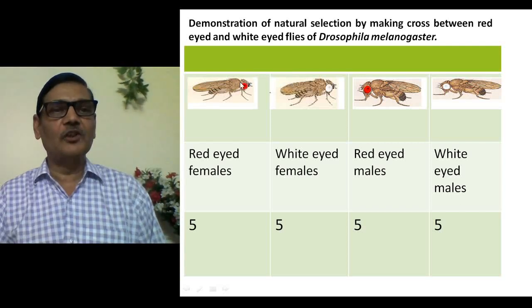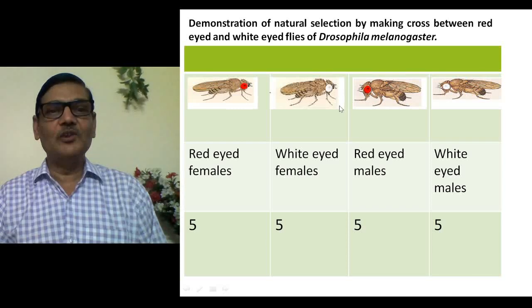We have stocks of Drosophila melanogaster which are totally normal in their phenotype, and then we have Drosophila flies which are actually white-eyed. So these two types of stocks are present in the laboratory and they have been reared for several years. So we collect virgin red-eyed females, white-eyed females, then red-eyed males and white-eyed males.